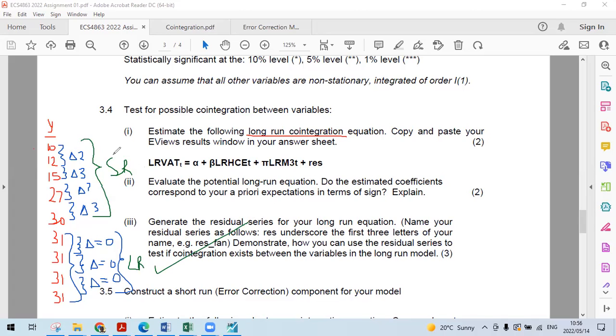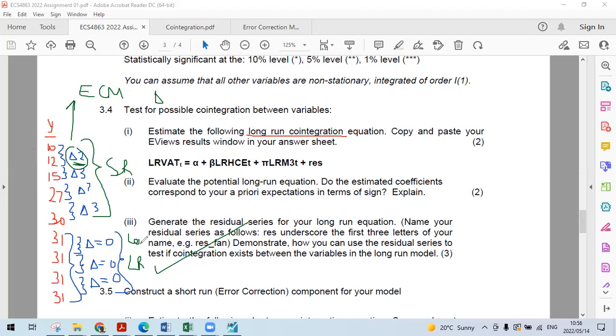When I'm talking about the short run, where there are these changes, these are differences, like difference equations. We will be talking about the ECM. You shall see that when we're estimating our ECM, our variables are differenced. But when you're talking about the long run equation, variables are in levels.